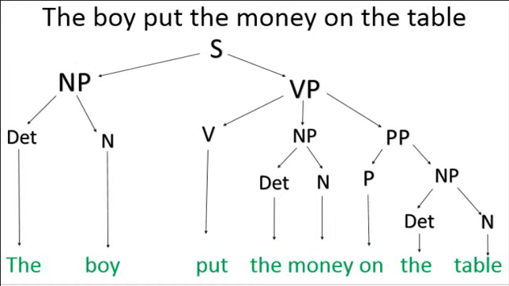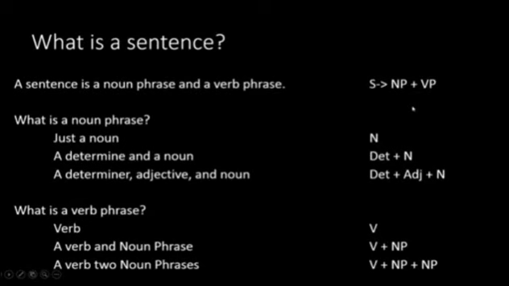You're going to review and review, and you're going to say, oh yes, I remember that class. That was very, very important and necessary. Remember, a sentence is noun phrase plus verb phrase.